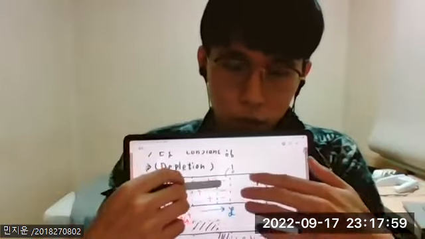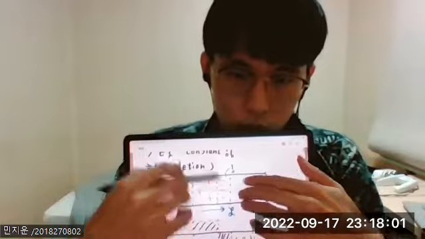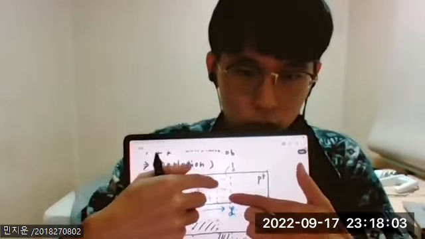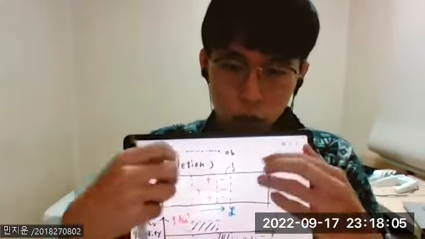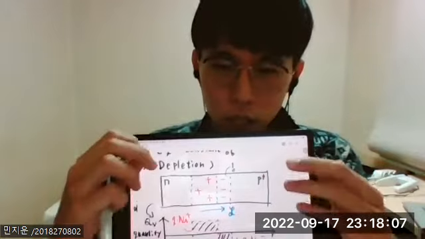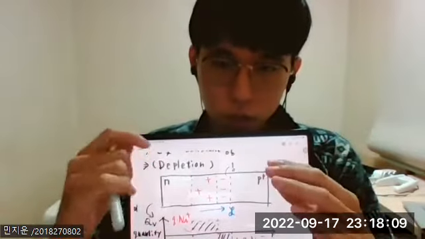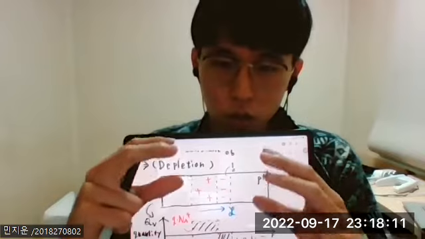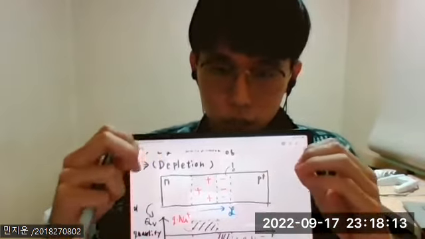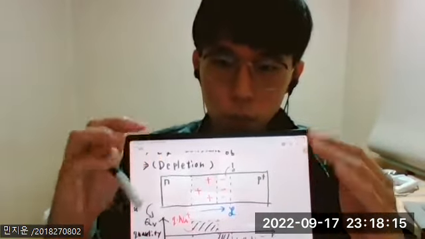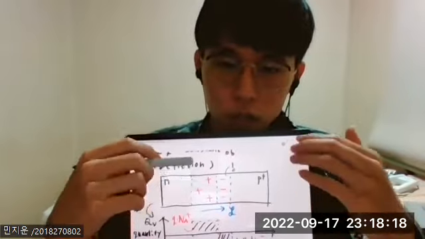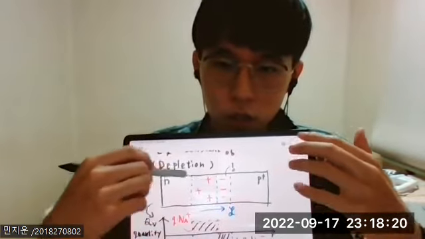So in this small region, there are many more dopants than in the n-type.